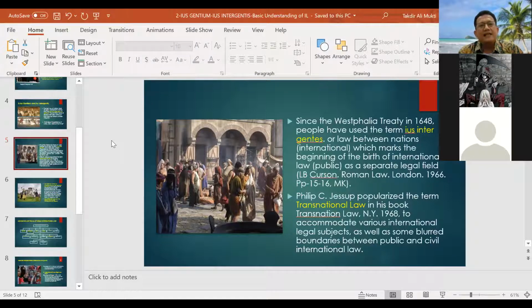In the Westphalia Treaty, there are several agreements that are very important to understand. Firstly, the spirit of the Westphalia Treaty is institutionalizing peace. In Bahasa, perdamaian abadi means institutionalized peace.